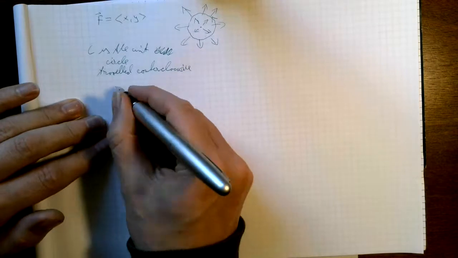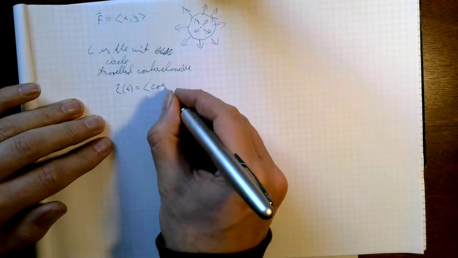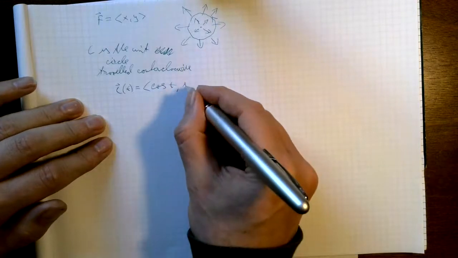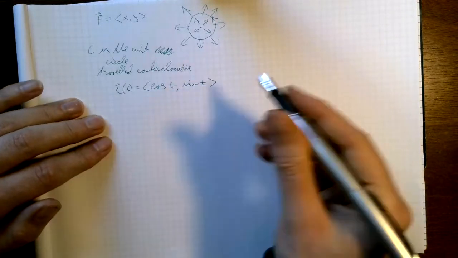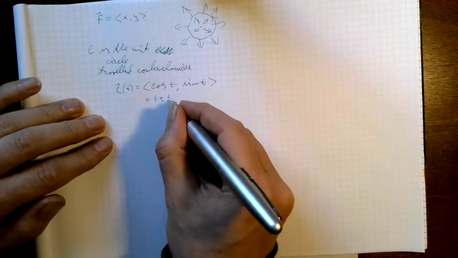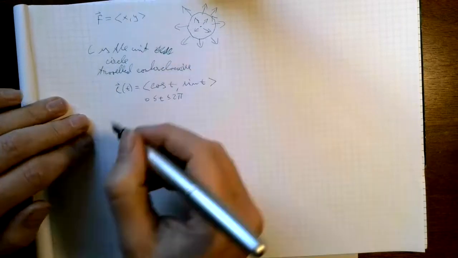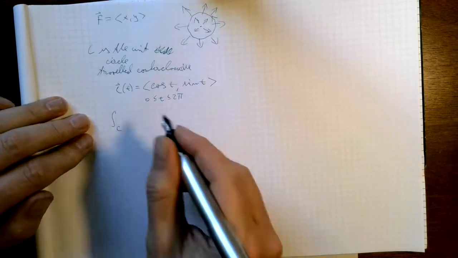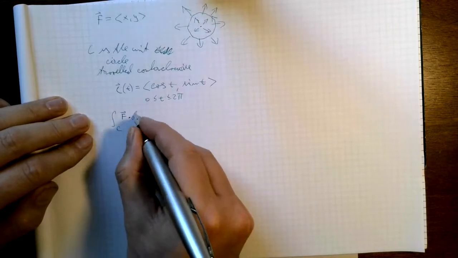So how can we parameterize the unit circle? The standard parameterization is cosine t, sine t, where t is between 0 and 2 pi, right? So let's integrate f dot ds.